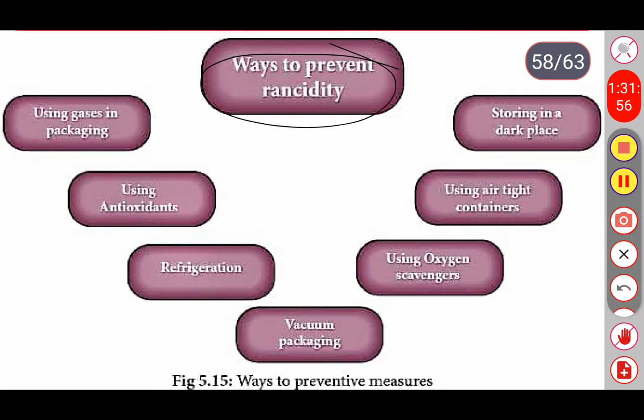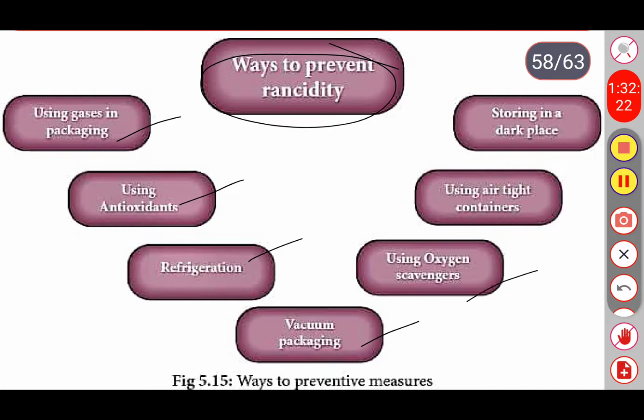Fourth one, vacuum packing. Fifth one, using oxygen scavengers. Sixth one, using airtight containers. And last one is storing in dark places. So these are some ways to prevent rancidity.